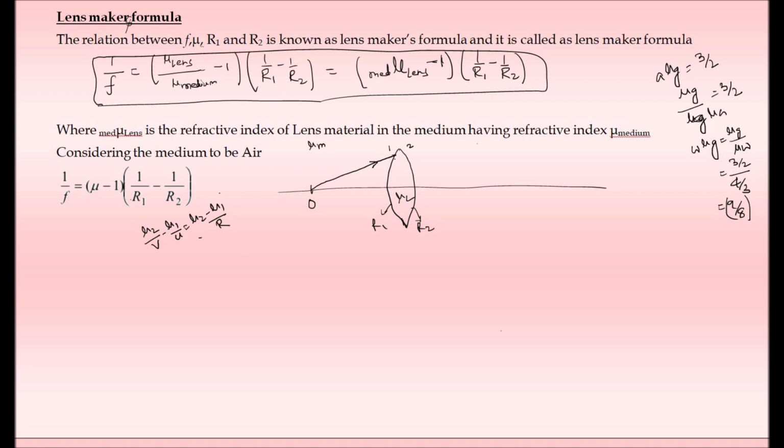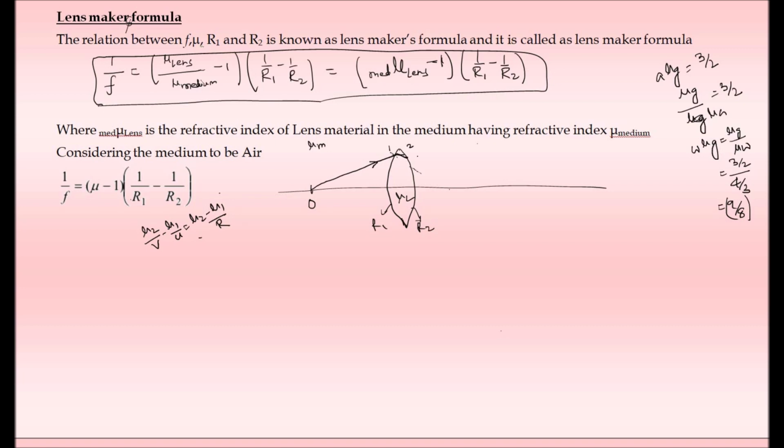And we know that if the light ray goes from rarer to denser medium, then it moves towards the normal line. If it moves from denser to rarer medium, then it moves away from the normal line. So the radius of this surface will be supposed in this way. It will move towards the normal line, in that way.